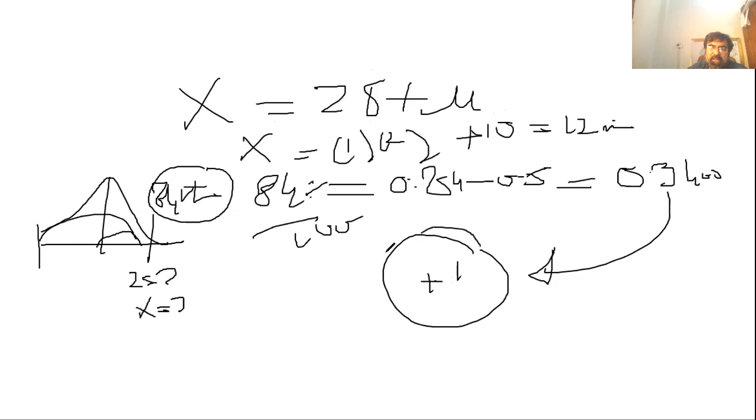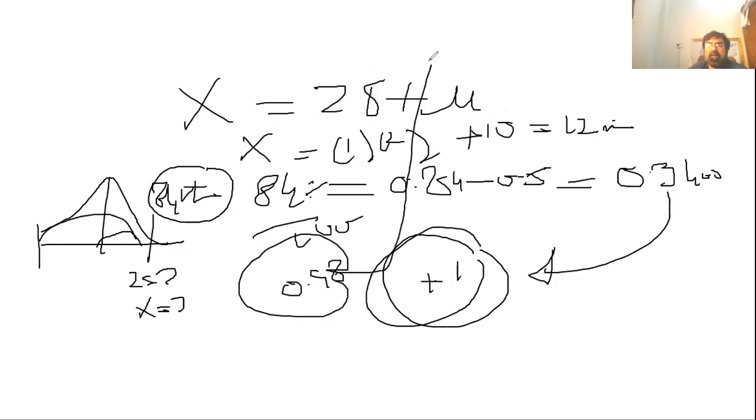I have assumed that it carries a value of +1. It may be 0.98 or 0.99. So you can put this value in place of the z-score and then calculate, so that will become 11.98, something like that, which is almost equal to 12 minutes.